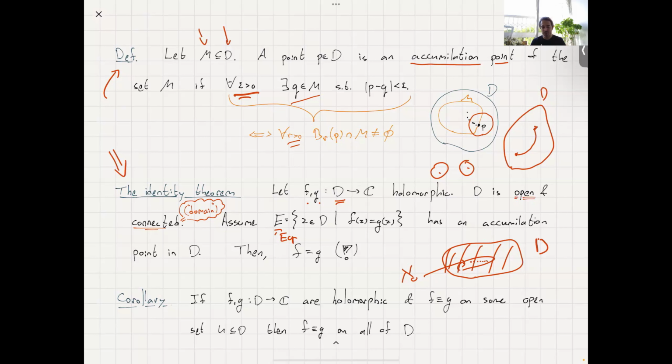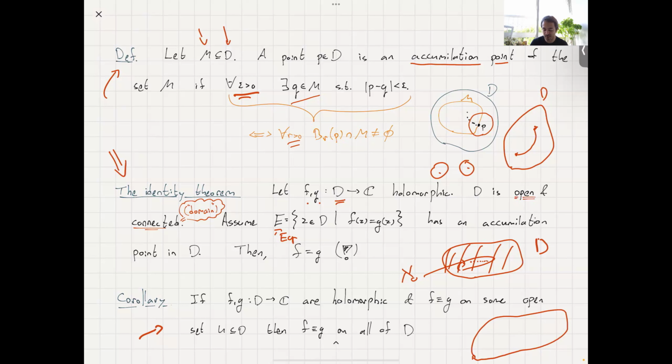And in particular, and that's actually the way you usually use it, because a non-empty open set has an accumulation point, if you know that E is an open set, namely, if F and G agree on some open subset of D, then immediately they actually agree on the entire set D. Right, so it's kind of easier to work with, but it's a corollary, so it's less surprising.